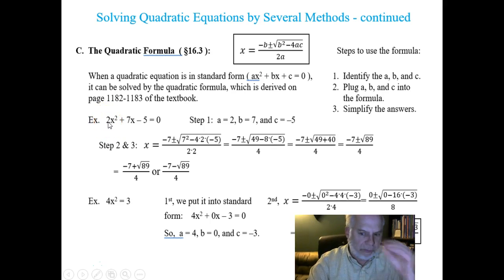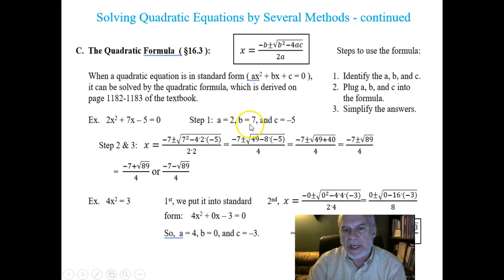It's the number in front of x squared. Then B is the number in front of the x, so that would be 7. And then C is the plain number with no x's in it, in this case, -5. So A would be 2, B is 7, and C is -5.